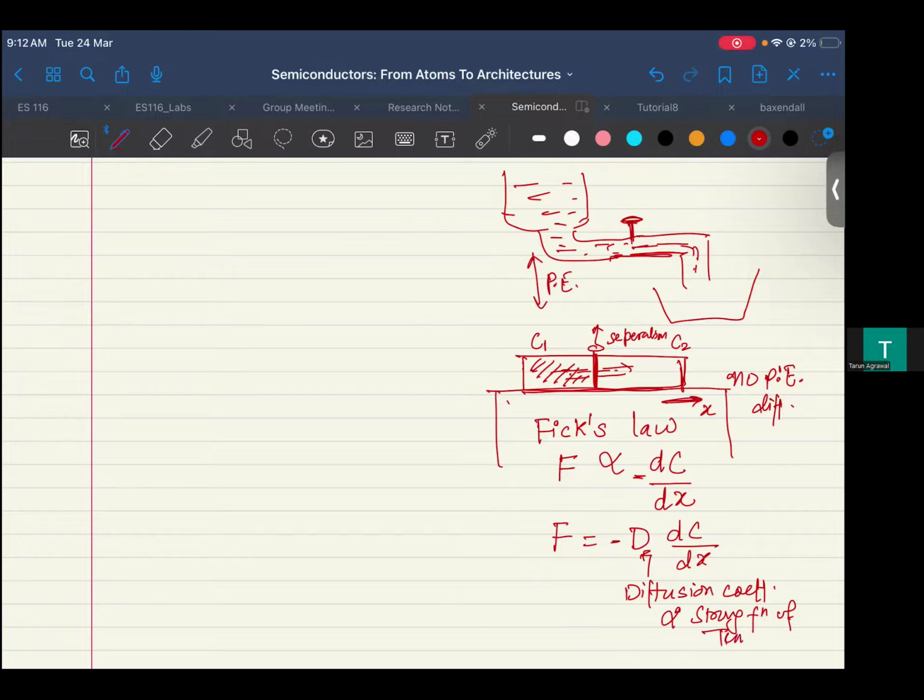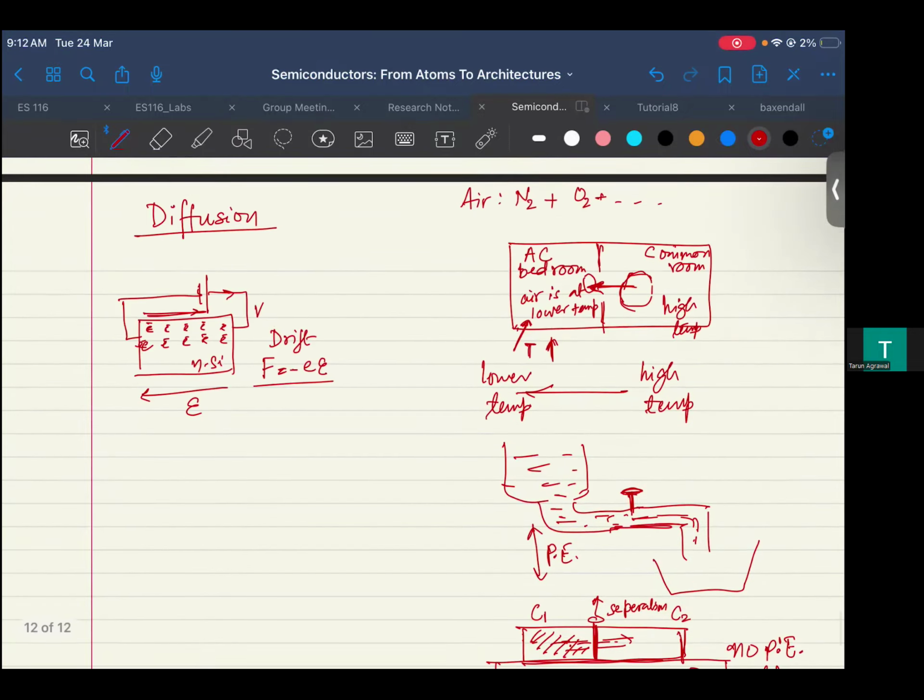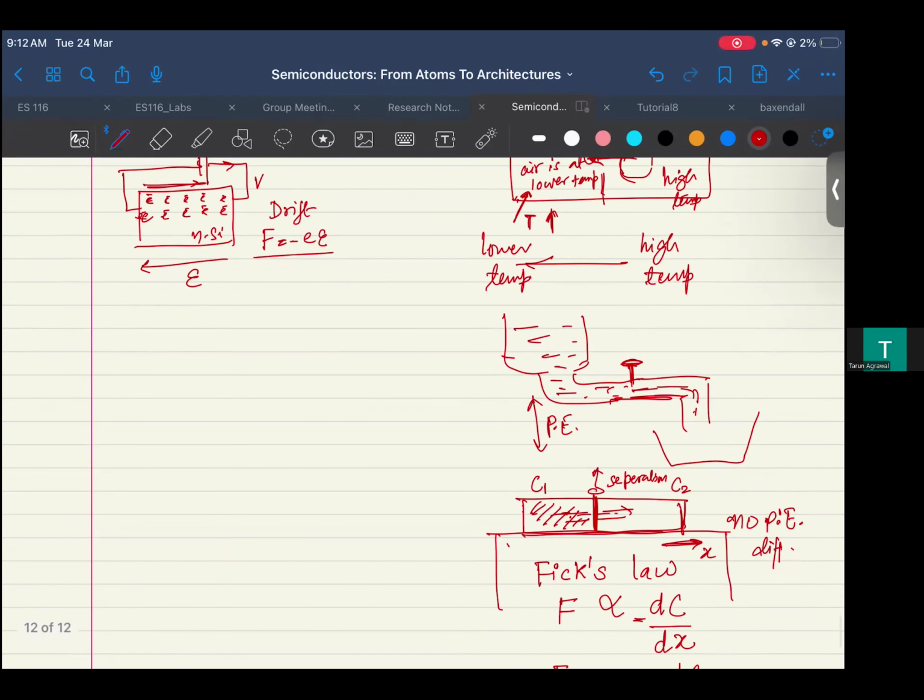This can be seen as we were seeing in the air example, that typically when you have cold air moving at a certain speed, but when you are heating it, because the particles now have thermal energy, which is what we saw, that the electrons, molecules have thermal energy. If the electrons are the ones who are moving around, or in the air, it is the particles or molecules. They can move faster now because you have given thermal energy.